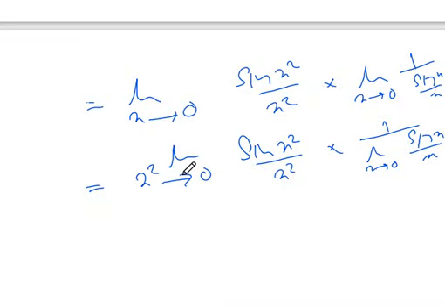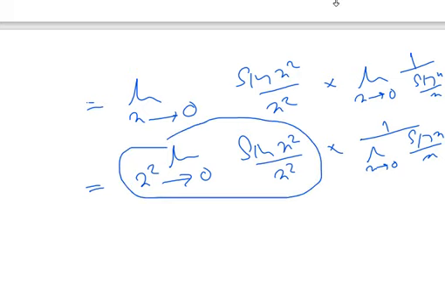Similarly, look at this one here, sine x squared divided by x squared. What is the limit of this? As this quantity x squared tends to 0, this one is equal to 1. And what is the limit of this one?